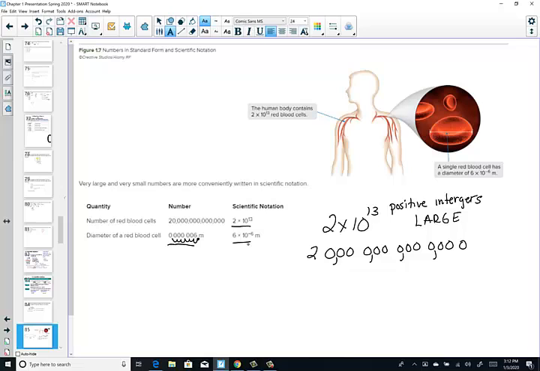So 6 times 10 to the negative 6th meters is its scientific notation. Notice that you have a negative exponent. And when you have a negative exponent, those are very small numbers.